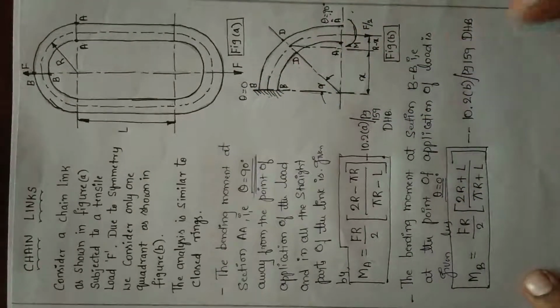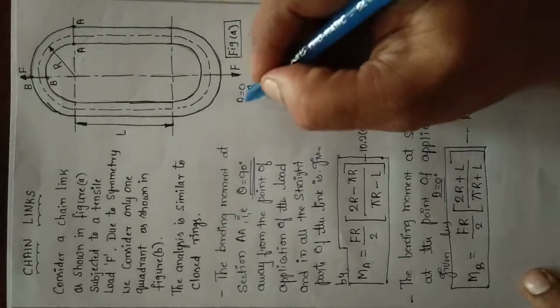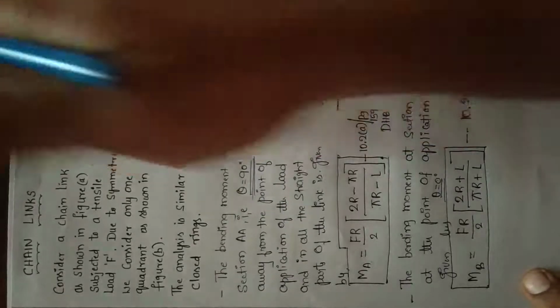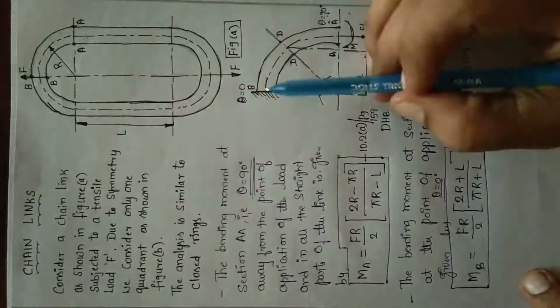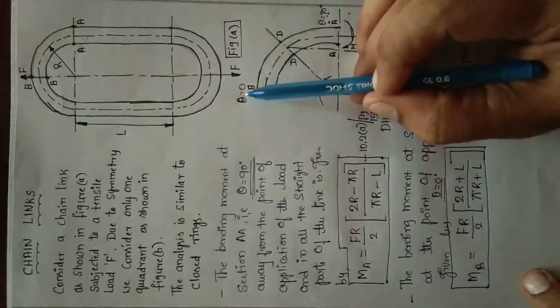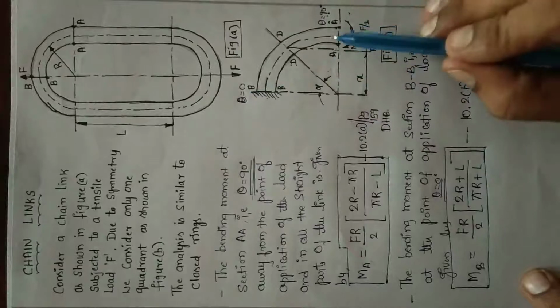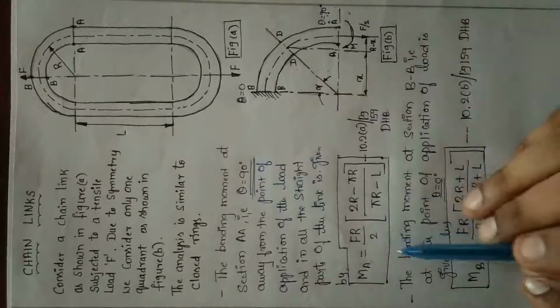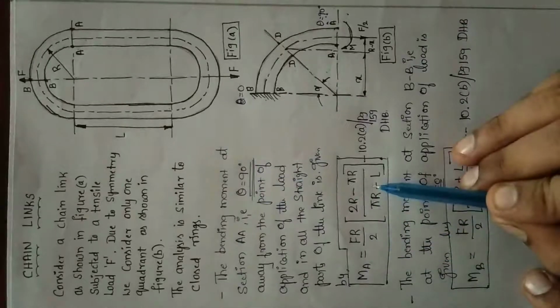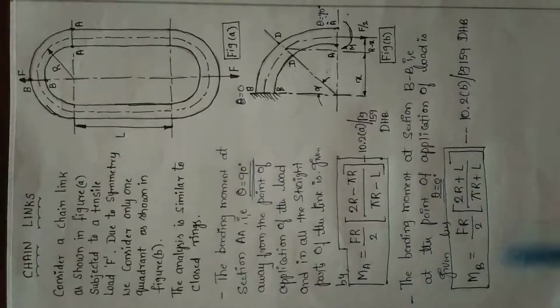Where the force is applied in the vertical direction, I consider that vertical as the reference, so theta is 0 there, and at section AA theta will be 90. Try to remember the bending moment formula for theta equal to 90 and for theta equal to 0.